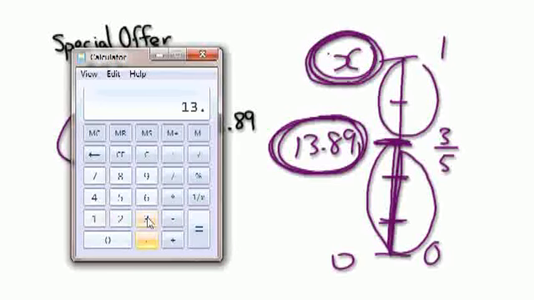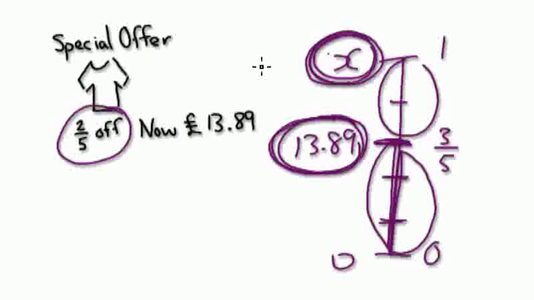So 13.89 divided by 3, split into 3 equal parts, and then times 5. You could do that, times 5 equals the same thing, 23.15. Okay, so draw your diagram and somehow just get to x.